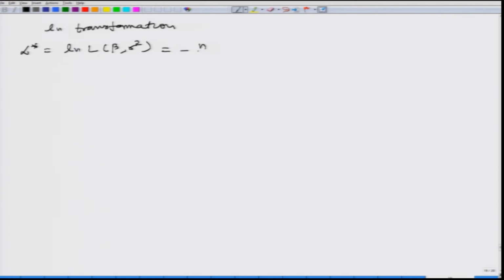This is nothing but minus n by 2 log of 2 pi sigma square minus 1 over 2 sigma square (y minus X beta) transpose (y minus X beta), right.